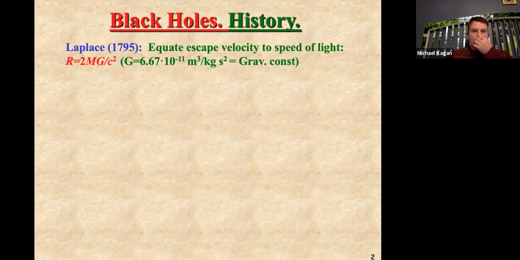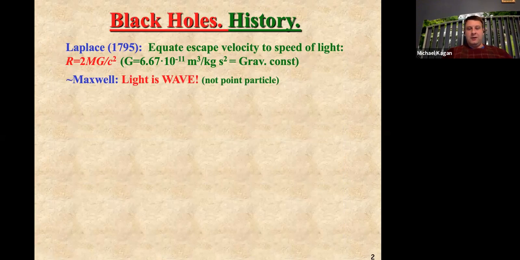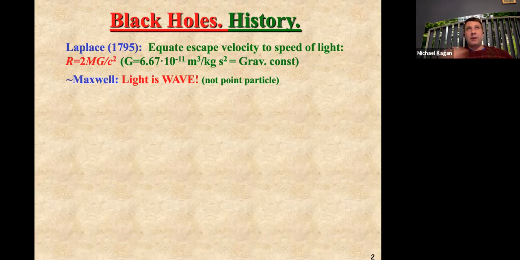So like I mentioned, Laplace back in 1795 did what we just did using Newtonian mechanics and got this value for the gravitational radius. And then comes Maxwell, the second half of the 19th century. 1865 is when he published his famous treatise on electricity and magnetism. So light is a wave, and we know that Newtonian mechanics doesn't really describe light.